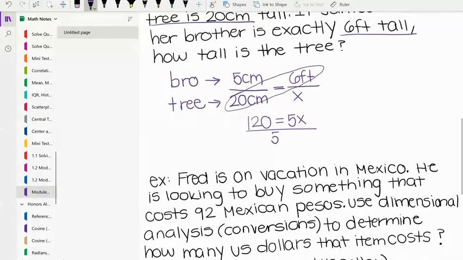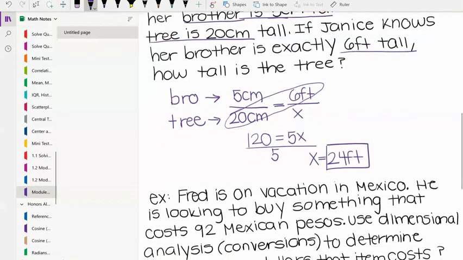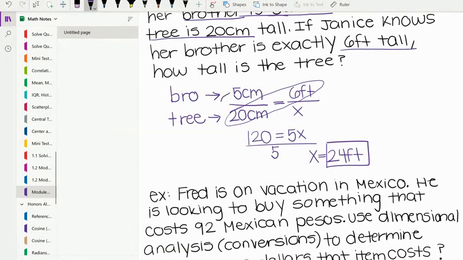So x is equal to 24 feet, so the tree is 24 feet tall. Okay, another way we can do it is say, how do I get from 5 to 20? I multiply by 4, so I would also multiply by 4 here, which would give me 24.